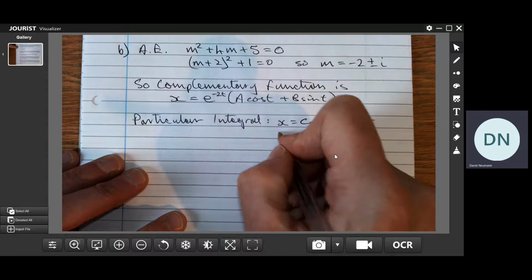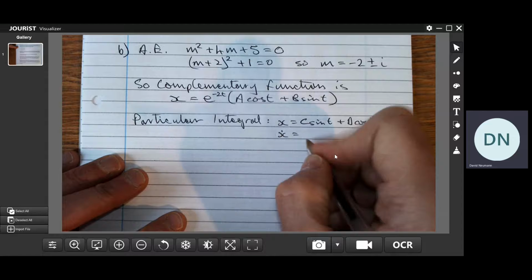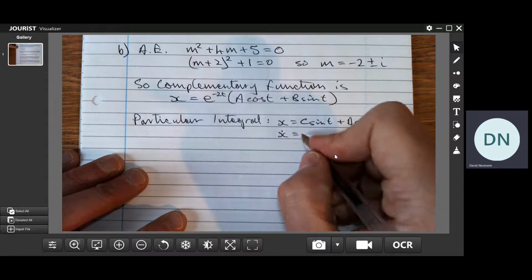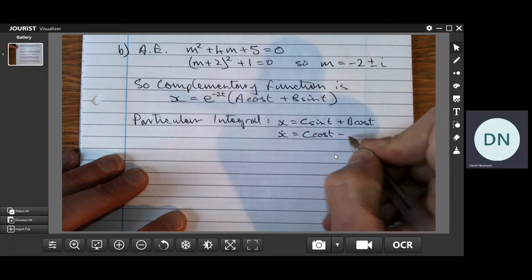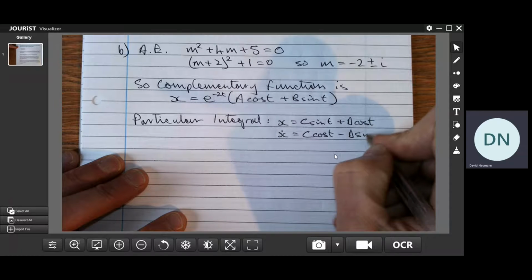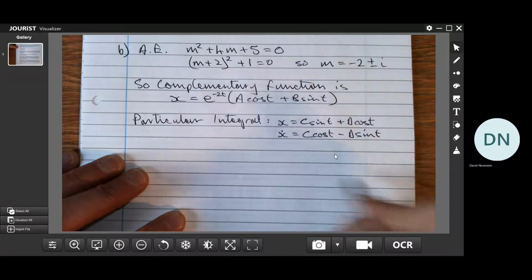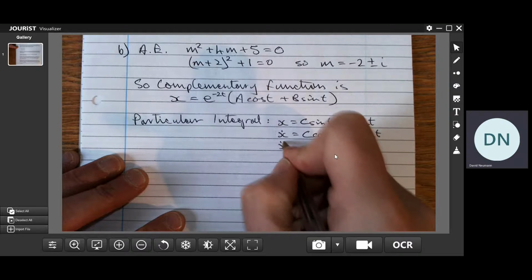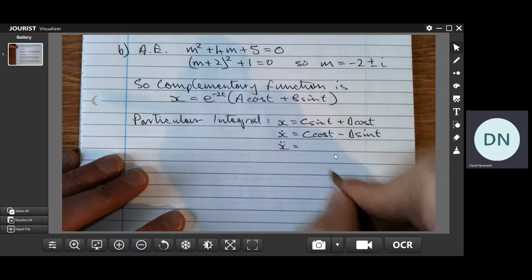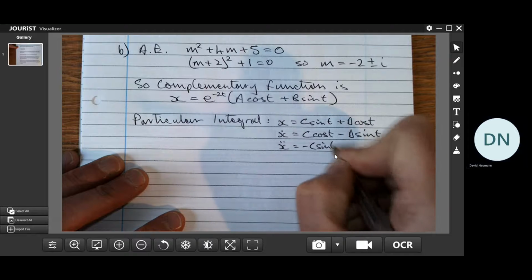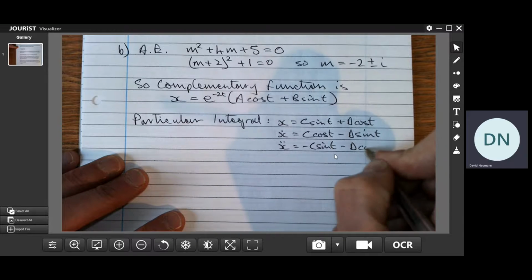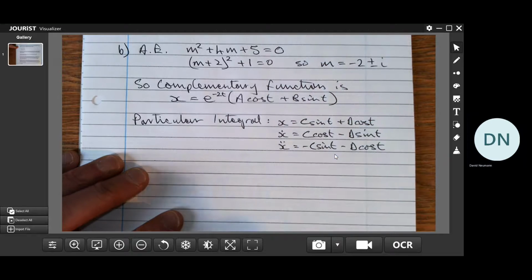So if we differentiate that, x dot is equal to c cos t minus d sin t. X double dot is going to be minus c sin t minus d cos t.